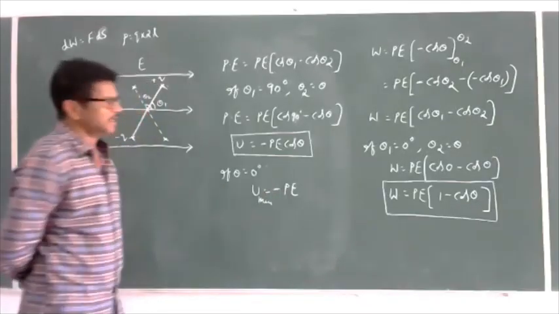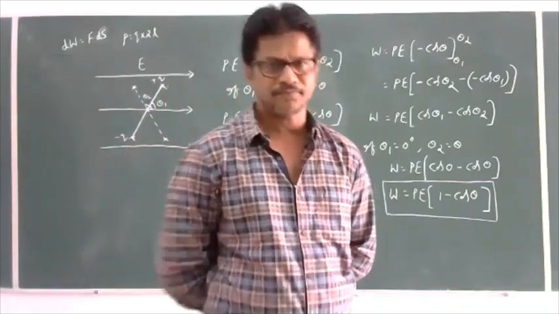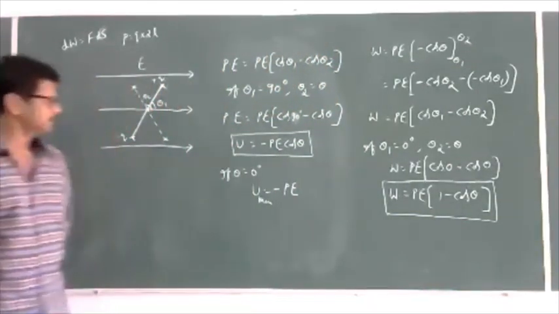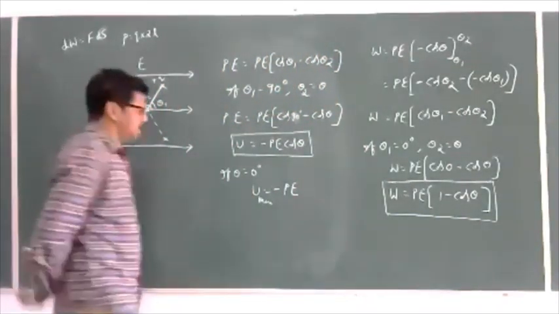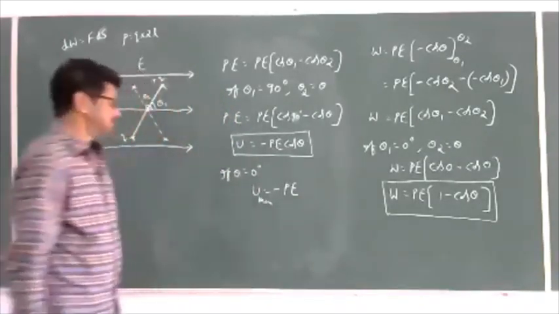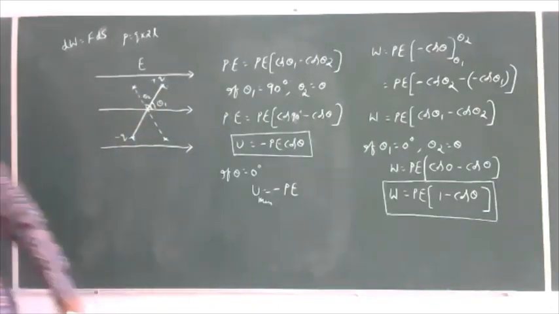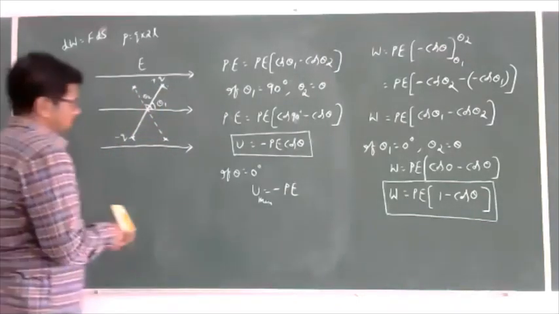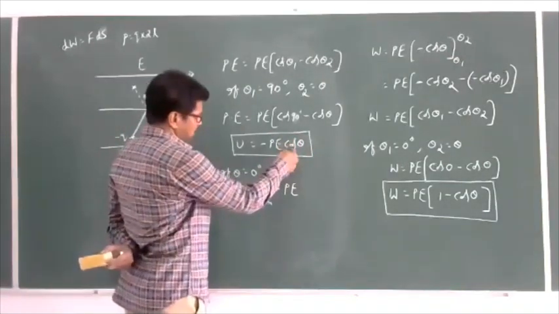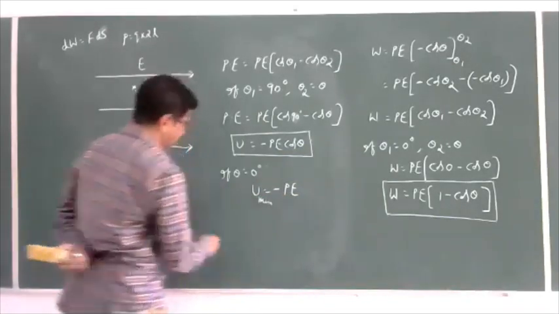So if theta is equal to 0 degrees, the potential energy is a minimum, and the torque is also minimum. That's why it is called the stable equilibrium condition. Right? Okay. So if theta is equal to 0, cos 0 is equal to 1, so minus P into E. So the potential energy is minimum.